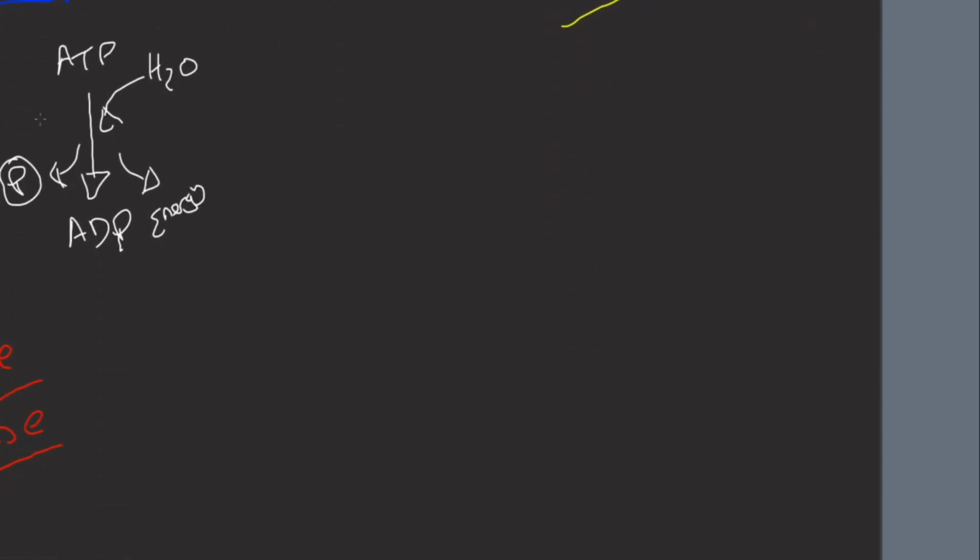So we have ADP, which soon becomes now ATP. We have phosphocreatine, which comes in and donates its phosphate. We have creatine come out.